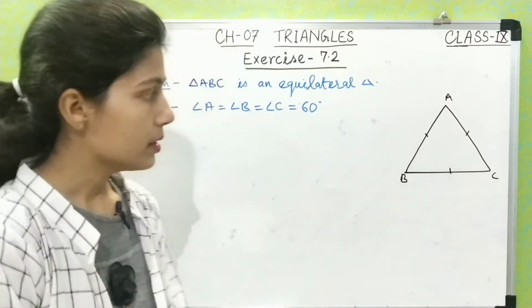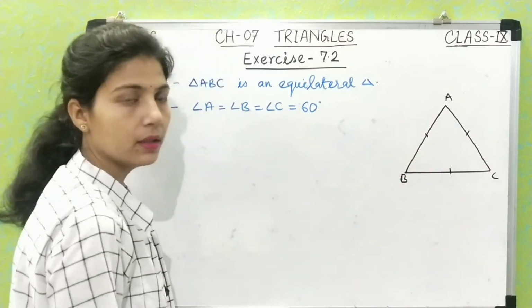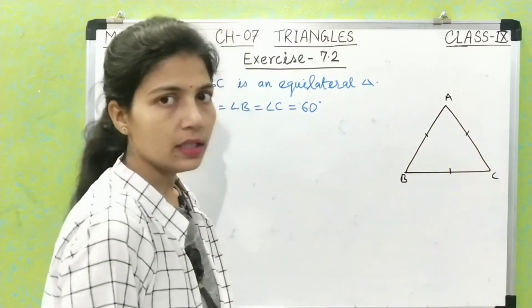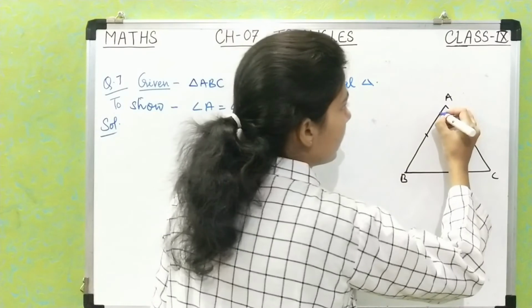So see, suppose ABC is an equilateral triangle, so the sides AB, BC and AC are equal to each other.